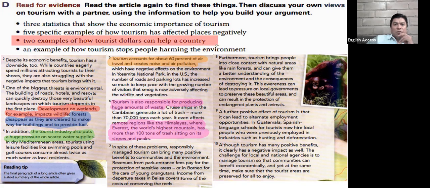Two examples of how tourist dollars can help a country. Nothing?